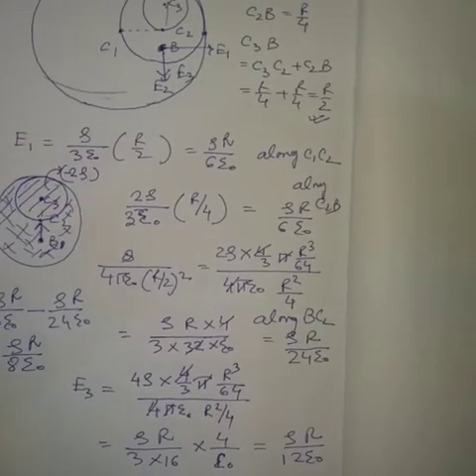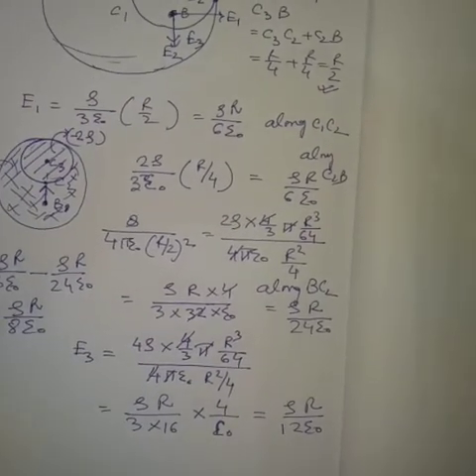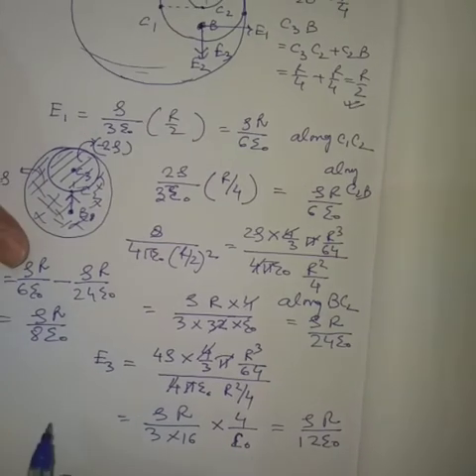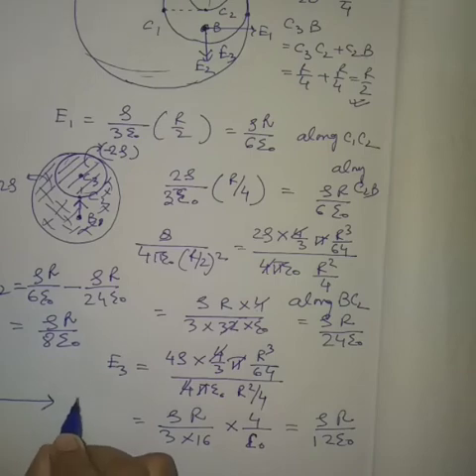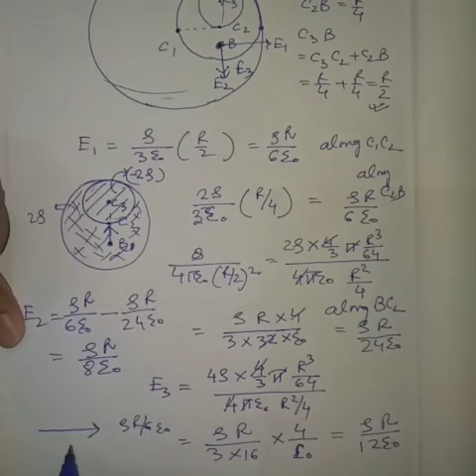Look at the calculation. So we have found out three fields. E1, which is rho R by 6 epsilon naught. This is E1.